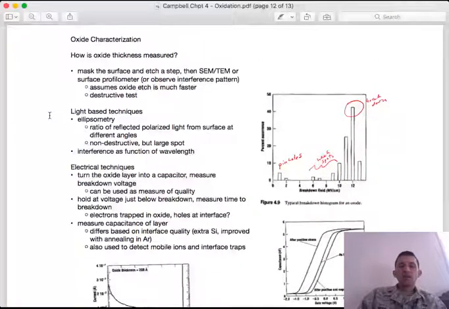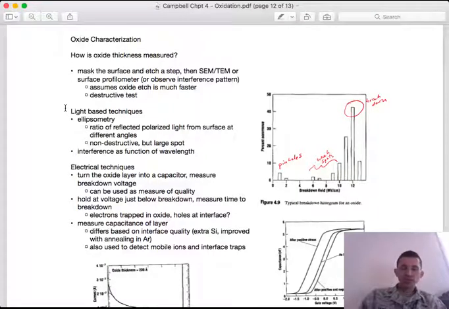And in general, the oxide is going to etch much easier than the silicon, and so when it gets to the silicon, it's going to slow down very significantly.